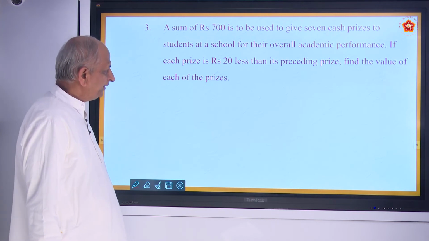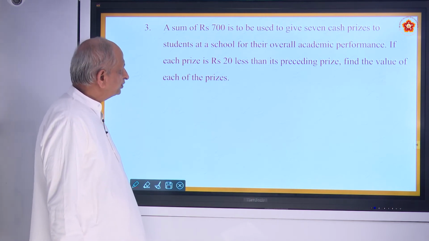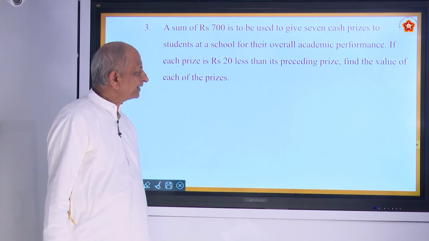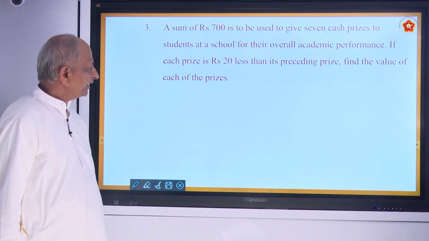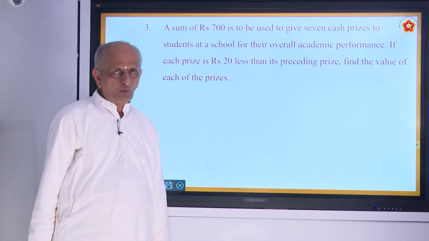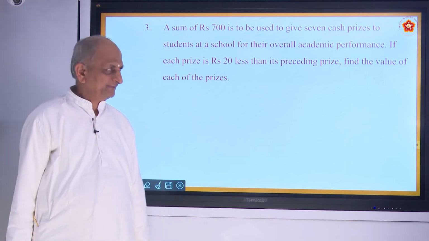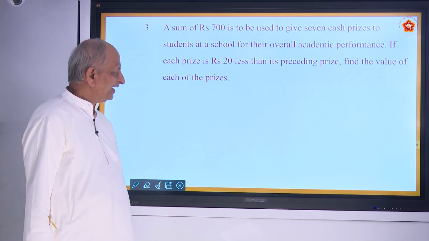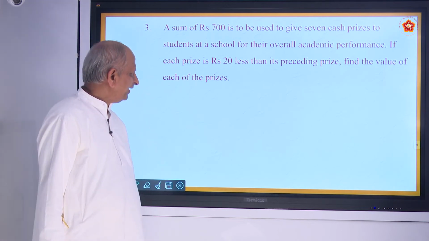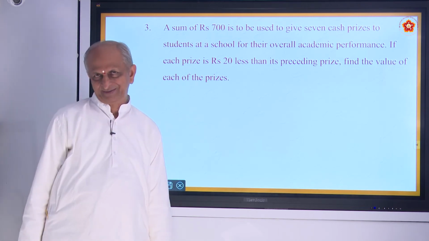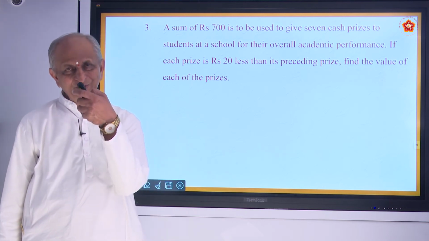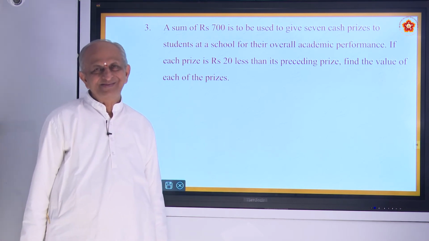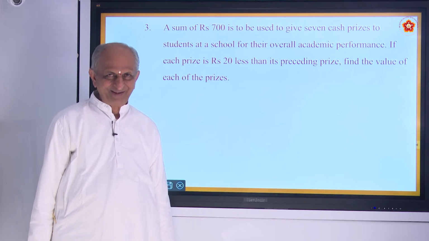A sum of rupees 700 is to be used to give 7 cash prizes to students at a school for their overall academic performance. If each prize is rupees 20 less than its preceding prize, find the value of each of the prizes. How many got a prize in your school? Okay, most of you got it right.